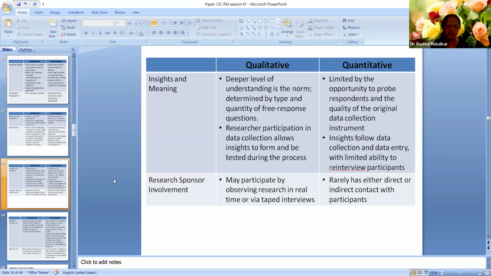If the sponsors get involved much in this research... because when you are a consultant, you submit the things, and you sometimes never know what has happened to them.